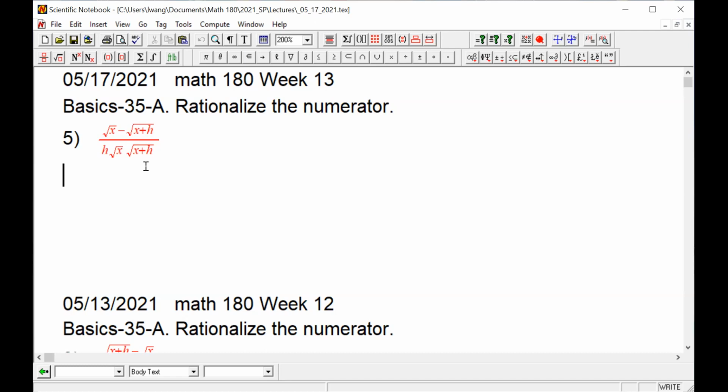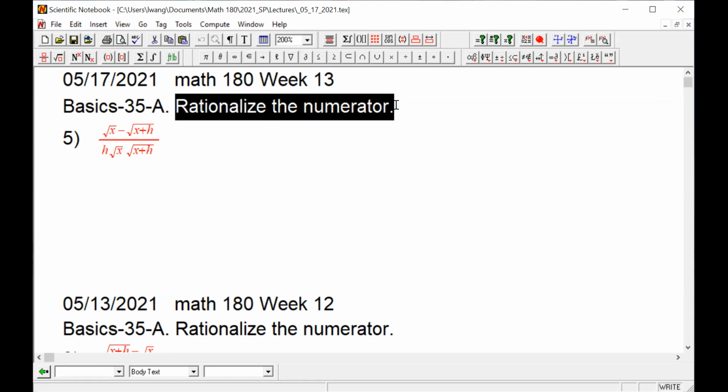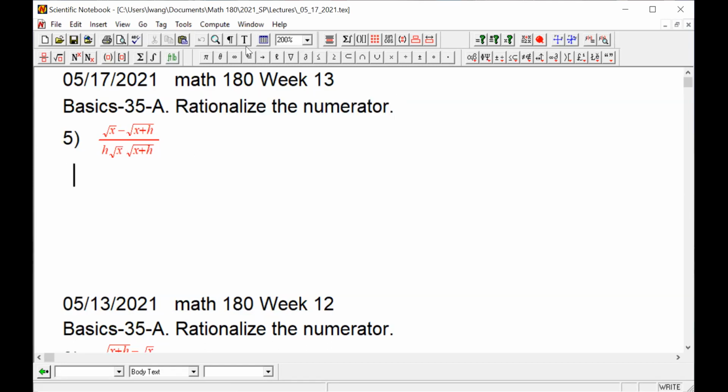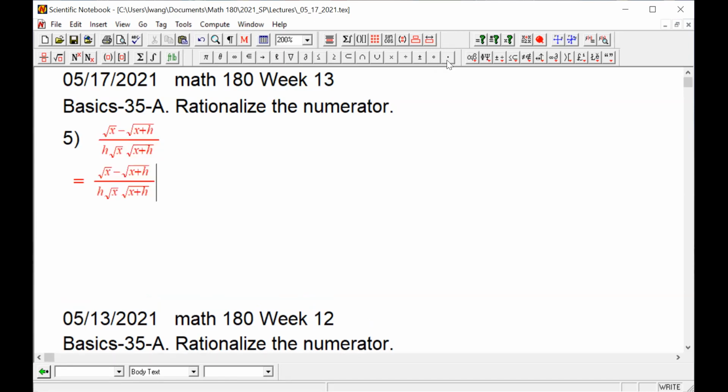First of all, we know this is just a statement, which could also be called an expression. So we're working on this expression, and what we do is rationalize the numerator. To rationalize the numerator, one of the things we will do is multiply by the conjugate of the numerator.